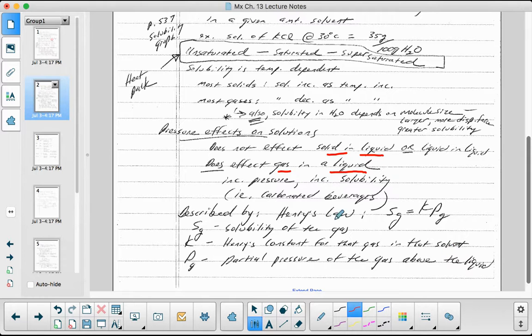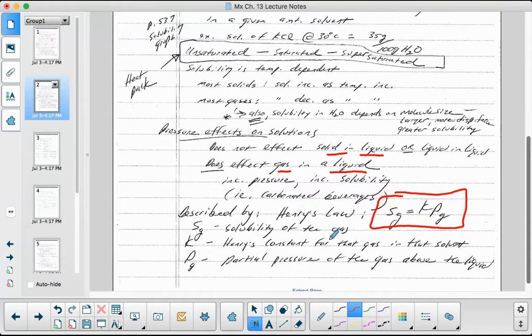This can be described by Henry's law, which is pretty straightforward. It's a simple equation: S_G equals K times P_G. S_G is the solubility of the gas, K is Henry's constant for the gas, which would be a given constant, and P_G is the partial pressure of the gas above the liquid.